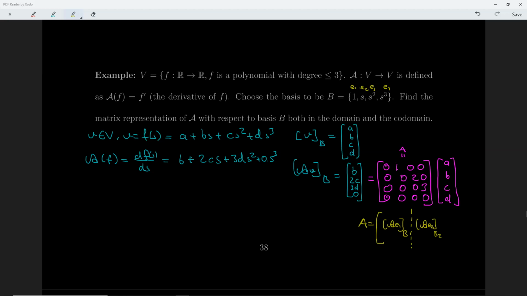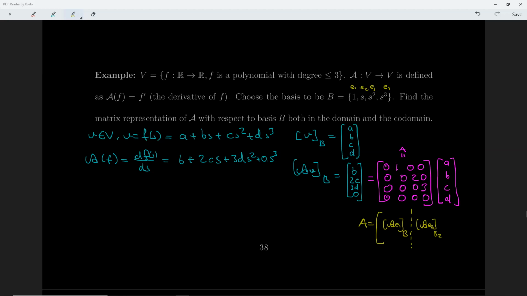It is the derivative of 1, right? And the derivative of a constant is equal to 0. And the representation of the 0 polynomial is the all-zero vector 0, 0, 0, 0 over here, right? That's the first column.